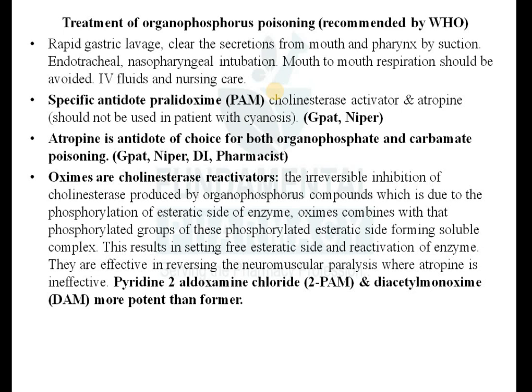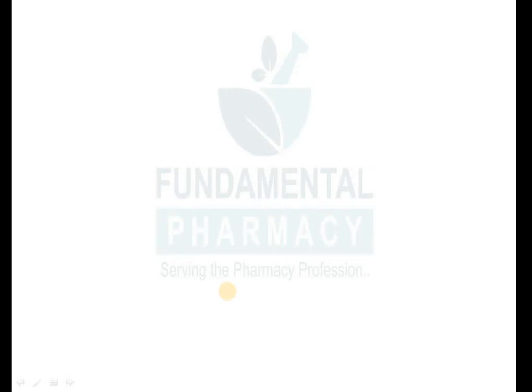Where pralidoxime is not in the options, if diacetyl monoxime is there, that is your answer. It is more potent than pralidoxime. These are the specific antidotes, cholinesterase reactivators, for organophosphorus poisoning: pralidoxime and DAM, 2-PAM and DAM.